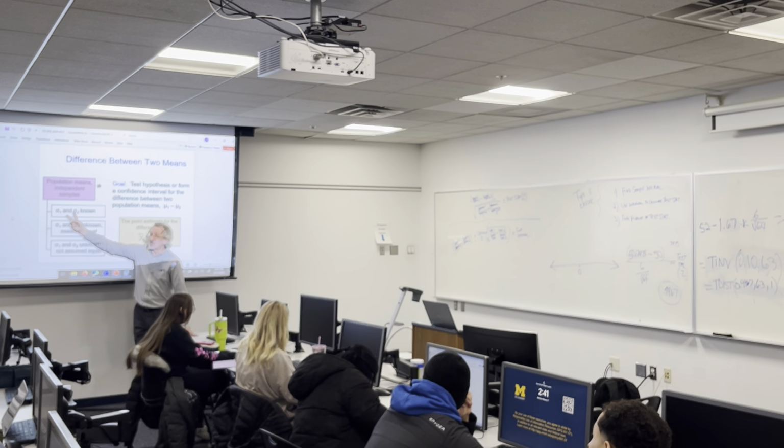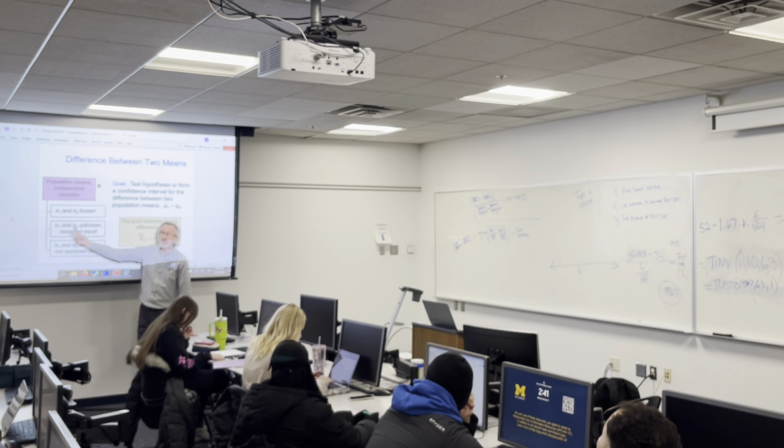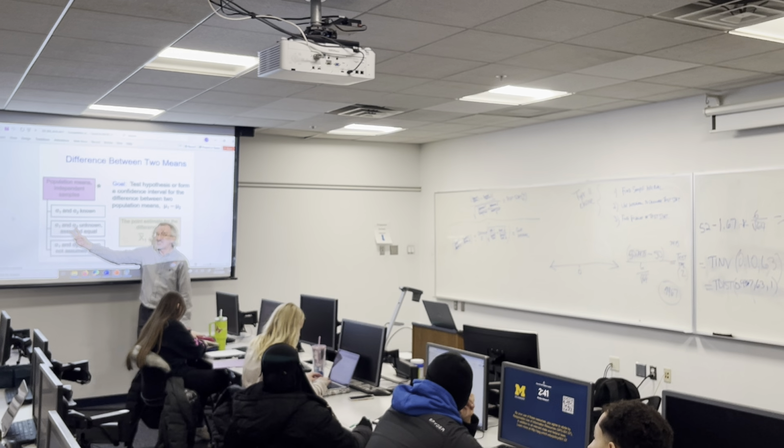Two samples, as long as each of the samples is coming from populations where we know the standard deviations, we're using Z. Here, we don't know the population standard deviations. We're going to be given the sample standard deviations for each sample, and we're using T.